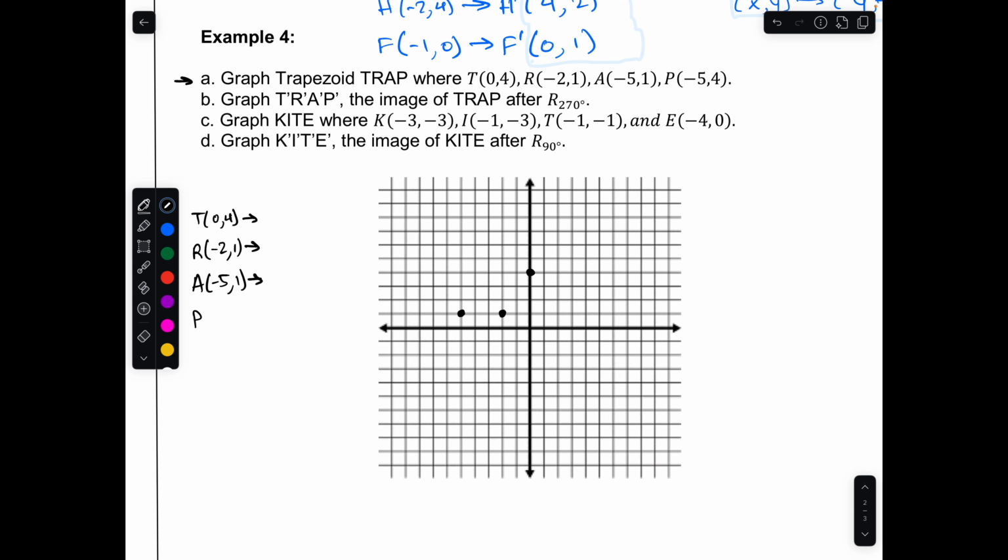And then point P is at negative 5, 4. So there we go. We can go ahead and connect these dots. And this is a trapezoid because it has two parallel sides. TRAP.